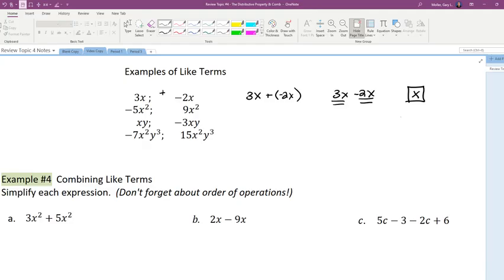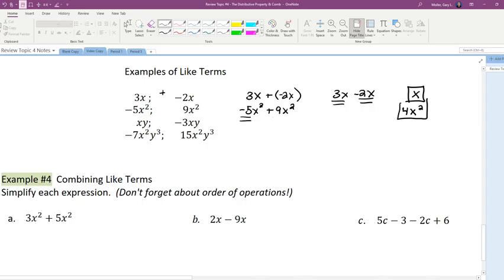We're just counting objects. So this next one says negative 5x squared plus 9x squared. So the answer is going to be whatever negative 5 plus 9 is, which is 4. So the answer is 4x squared. Again, think of them as objects.